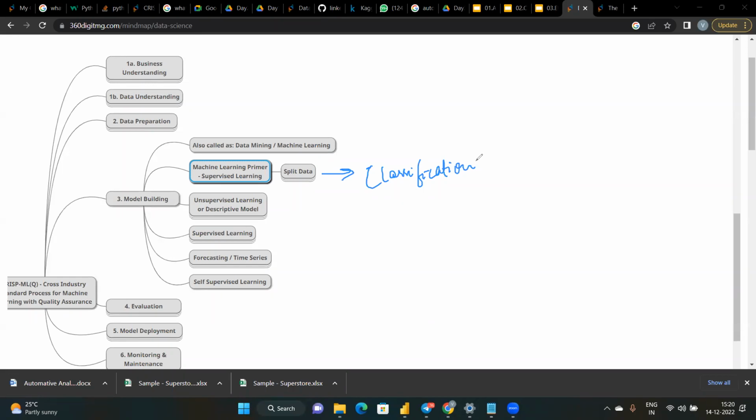So guys, the first one is classification, which we have in supervised learning, and the second thing we have is regression. What is regression? Regression is used to understand the relationship between dependent and independent variables.